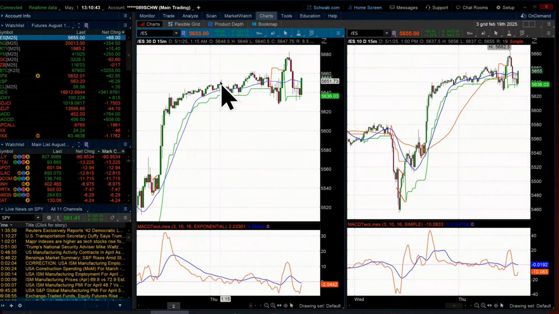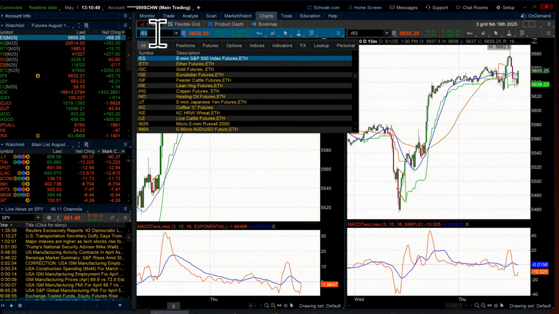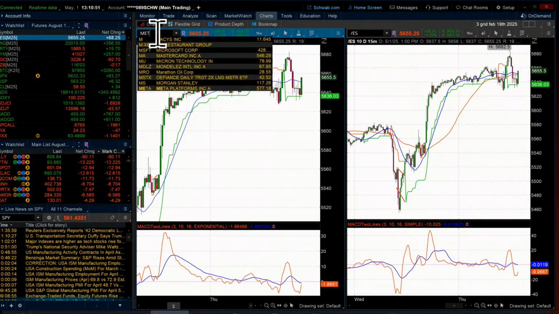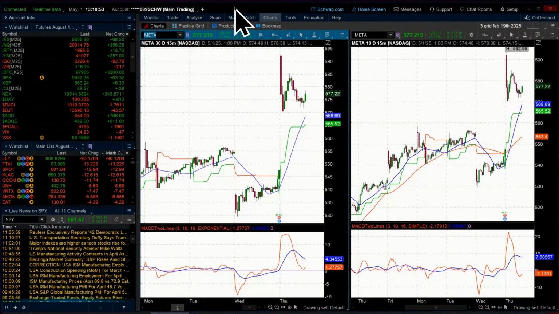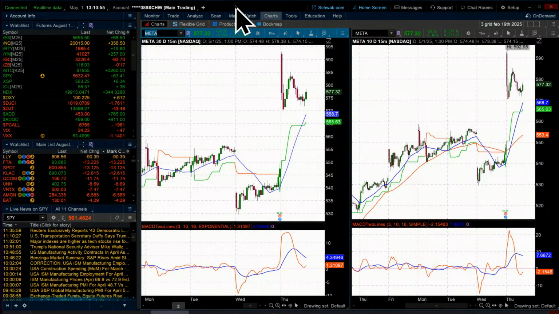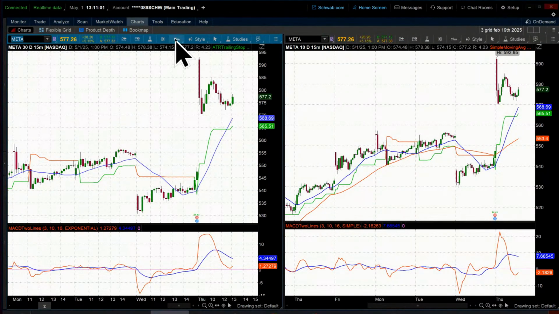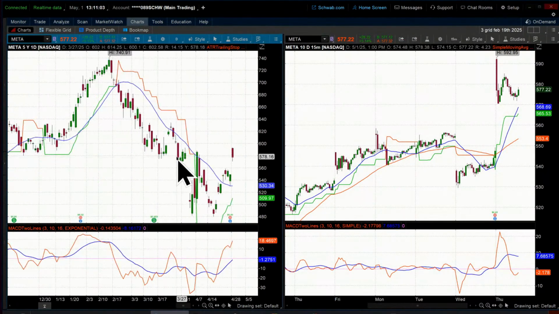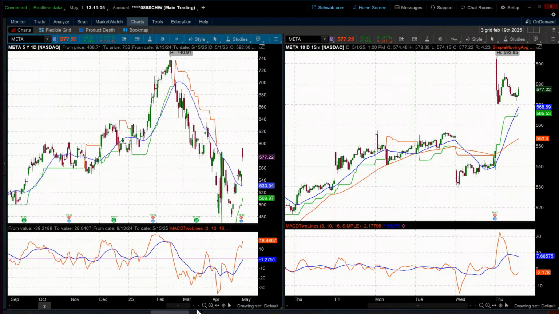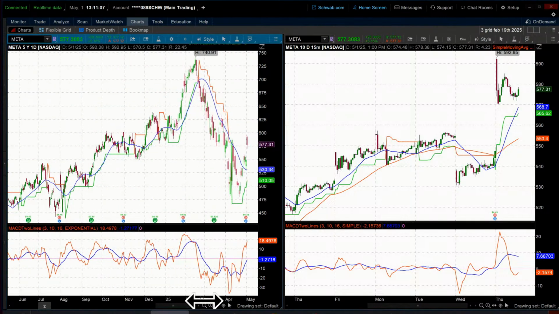So that's the way I look at it. Like I said, it seems like a non-event at the moment. Now, you might say, well, what are you doing like Meta? Well, a lot of people say that after it has a big gap, it goes up later. So I want to show you that misnomer. Number one, if the whole market sells off, it'll probably go with it. But most of the time, when it gaps up on earnings, it does nothing for a week. Look at this.